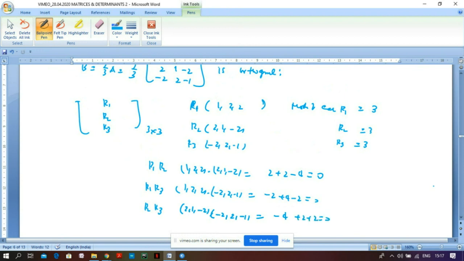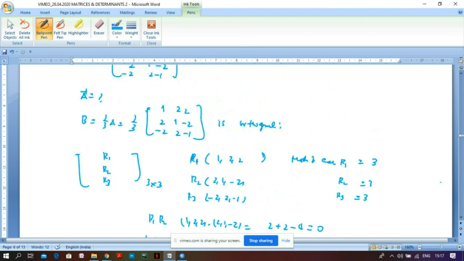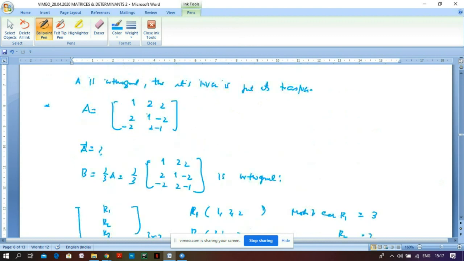It means we have found that for each row, we can do columns also, I'm just preferring rows, every row a b c has the same a square plus b square plus c square. That's one. And then every row is orthogonal to every other row in 3D space.